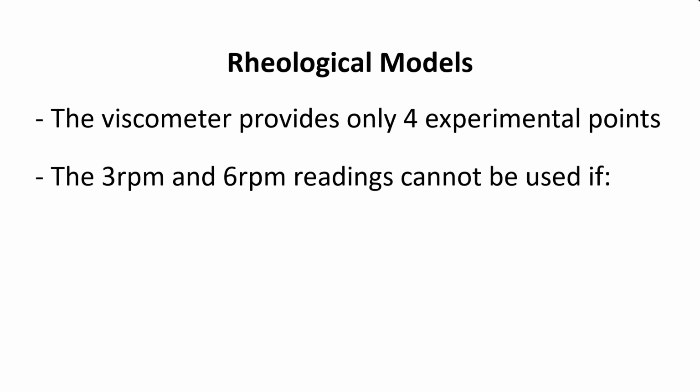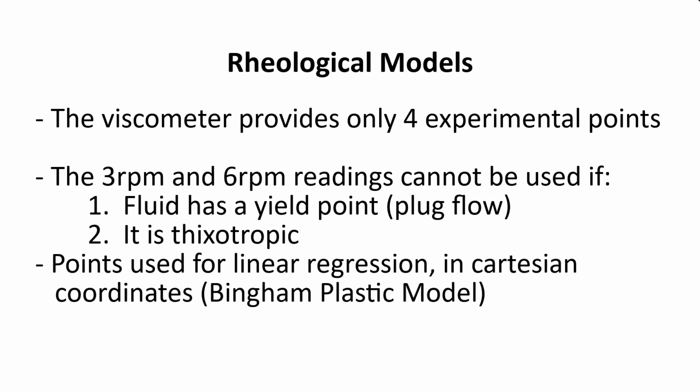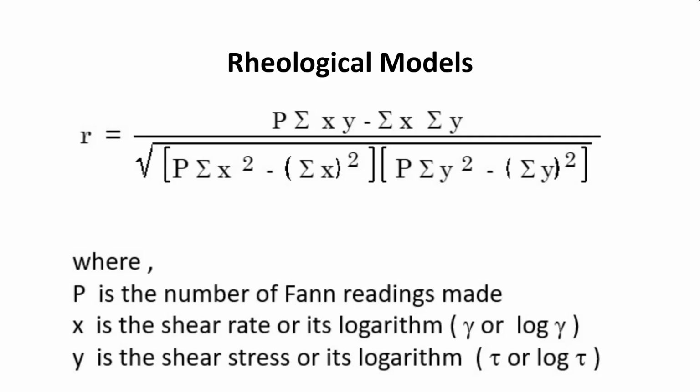The readings at 3 and 6 RPM cannot be used if a fluid has a yield point, plug flow, or if it is thixotropic. The experimental points can be used for linear regression in Cartesian coordinates for the Bingham plastic model or logarithmic coordinates for the power law model. The model with the correlation coefficient closest to unity will be chosen for the subsequent calculation. The correlation coefficient can be calculated by the equation shown.